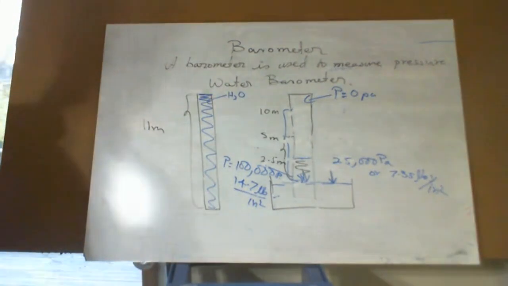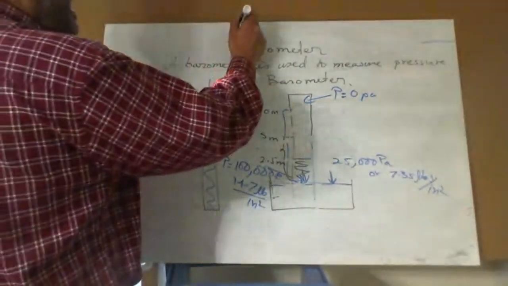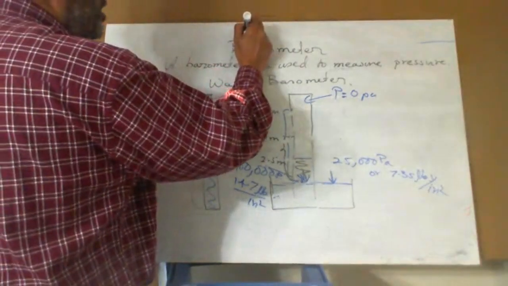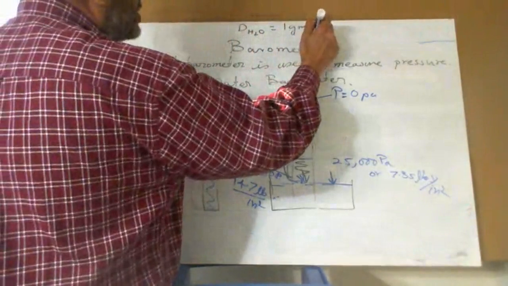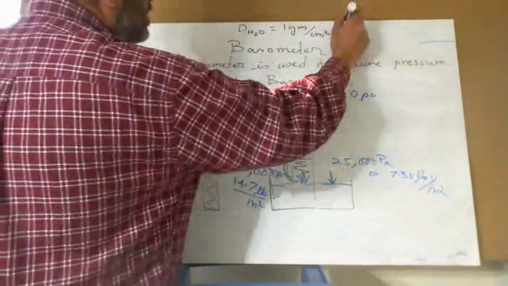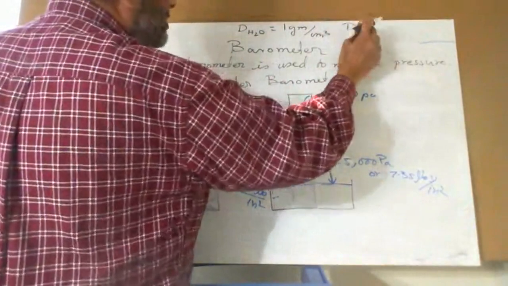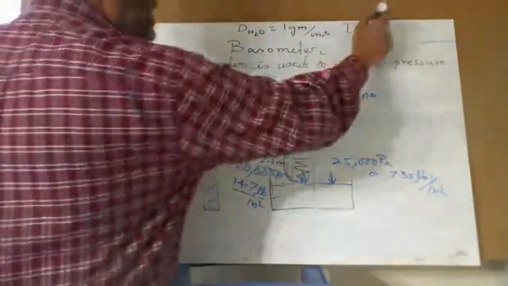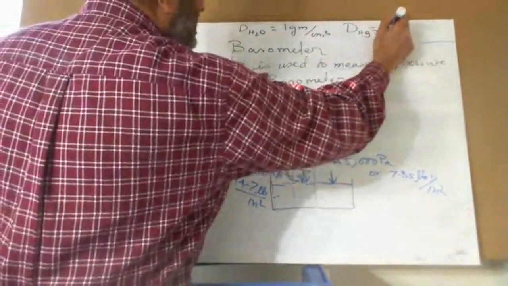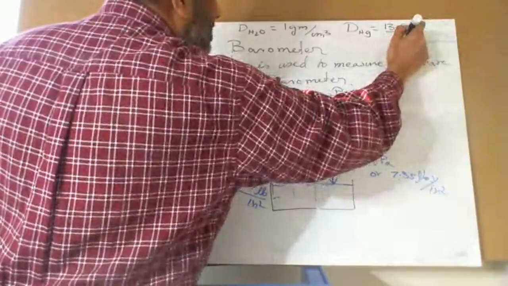So instead of water, we use mercury. The density of water is 1 gram per cubic centimeter. Compared to that, the density of mercury, Hg, mercury is a liquid, so I can use it in the barometer. But the density of mercury is 13.6 grams per cubic centimeter.